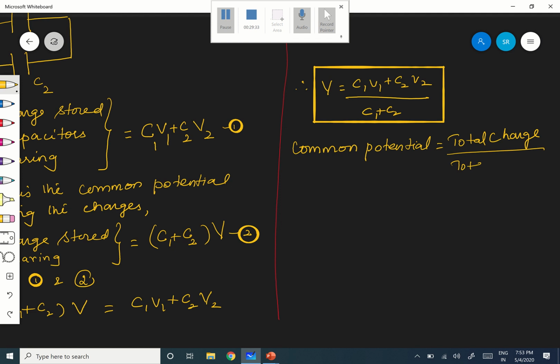Capacity, capacitance, everything is the same. Now is it clear?